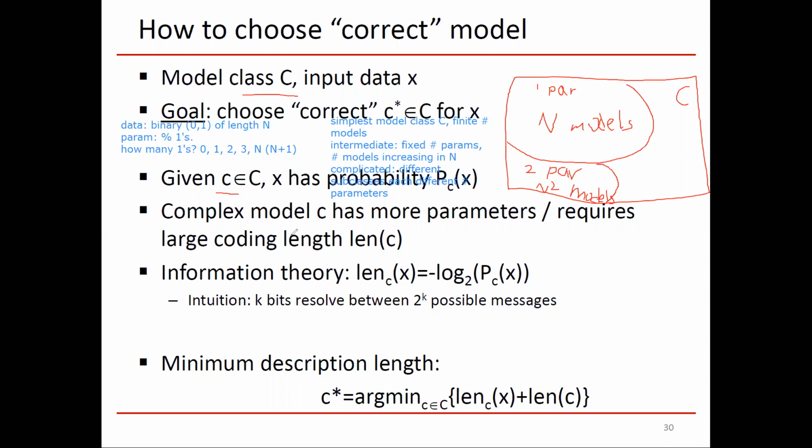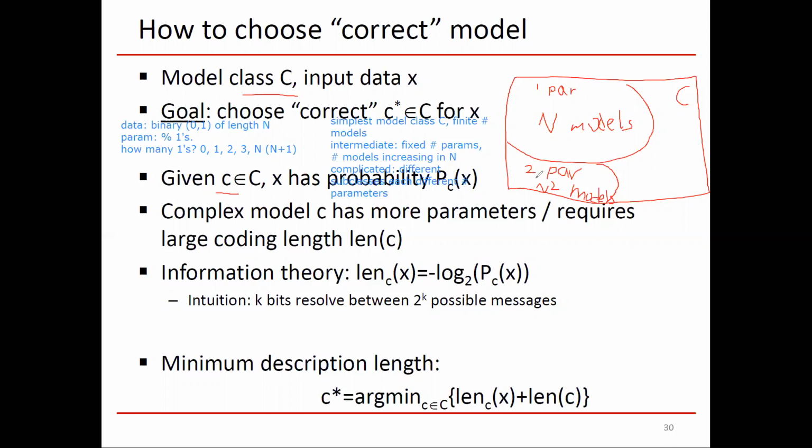And now our model class C, if it's complicated, if it's complex, it may have, in the example that's sketched in my Venn diagram, two parameters, and it may require a larger coding length to specify those two parameters. Now, why is that? Imagine describing the model within C as follows.